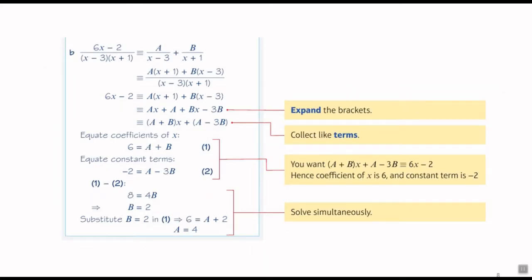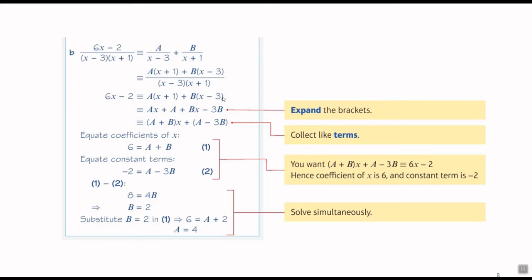So next method, the equating coefficient method. Same thing, we take the common denominator and multiply both sides by x minus 3 times x plus 1. So you will get this identity, right? So equating numerators, you can just expand this bracket: a times x, a multiplied by x plus a.